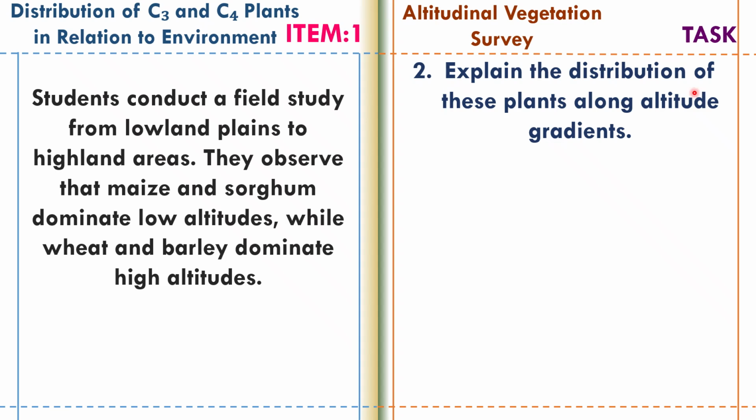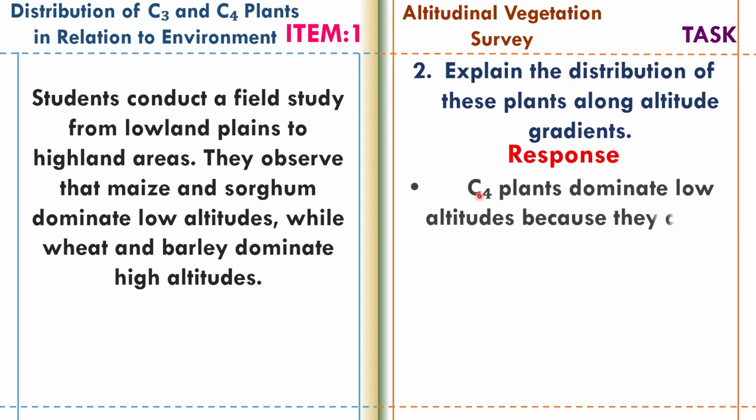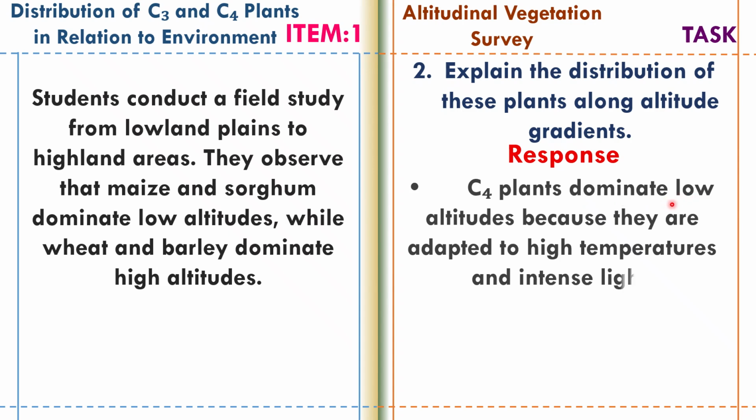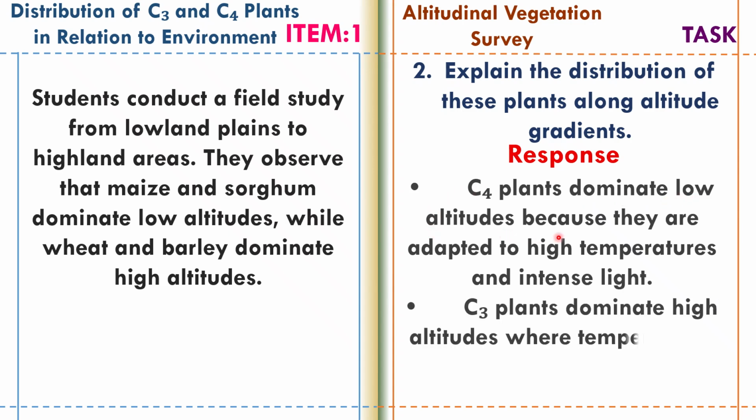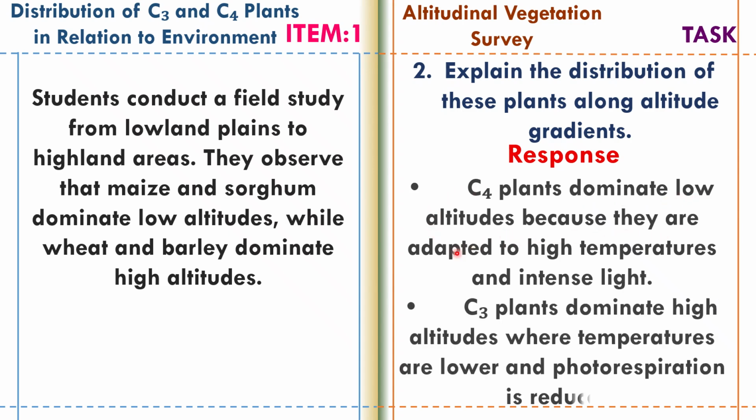Explain the distribution of these plants along altitude gradients. C4 plants dominate low altitude because they are adapted to high temperature and intense light.